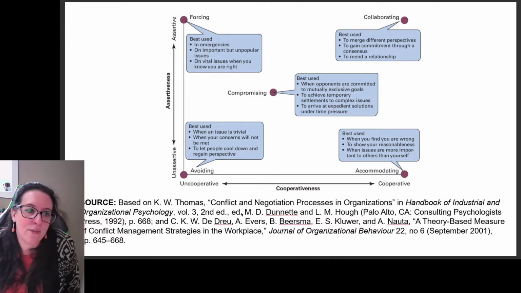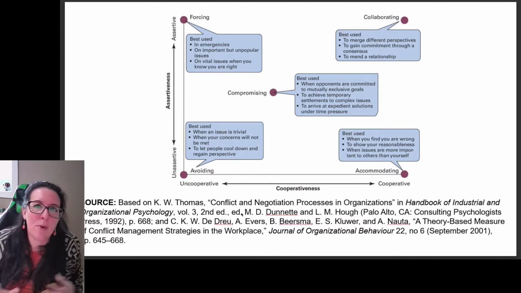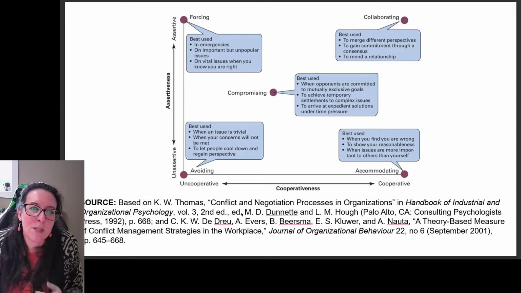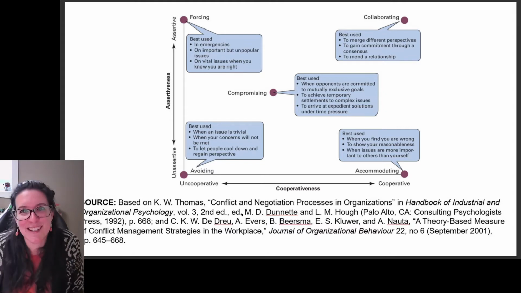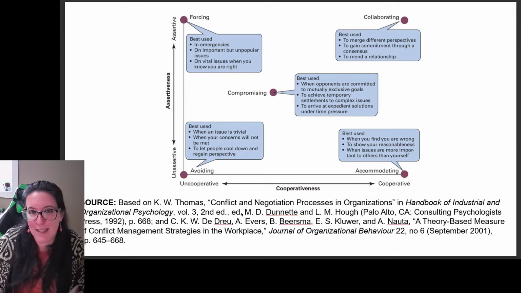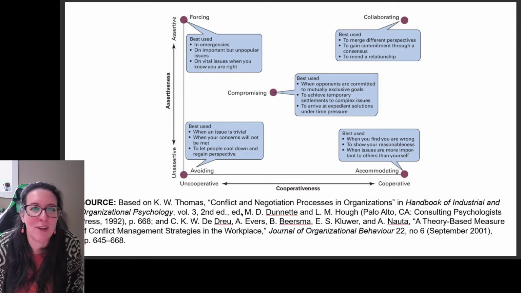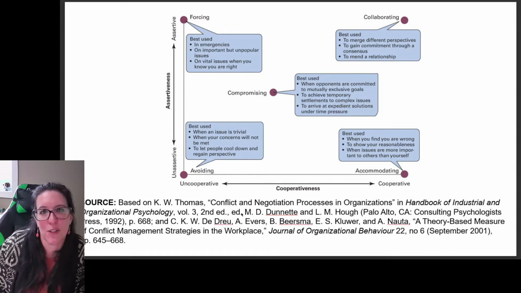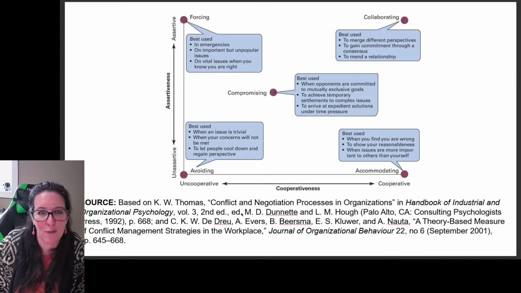On the other side of that, if you have a more assertive individual, right, they're pushing for their agenda, sometimes you just need to force one person's view in terms of the conflict. So again, back to that previous survey, sometimes it is more appropriate just to force one person's perspective to resolve the conflict.